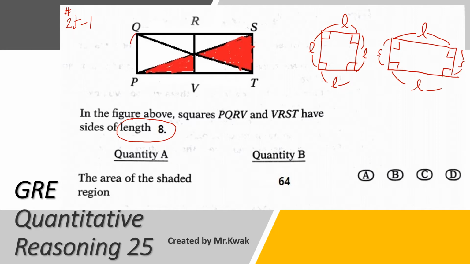So this one is 8, this one is 8, this one is 8. So 16. And today, differently, unlike yesterday or unlike the previous class, we have to get the area of the red shaded part. How do we have to do that, guys?